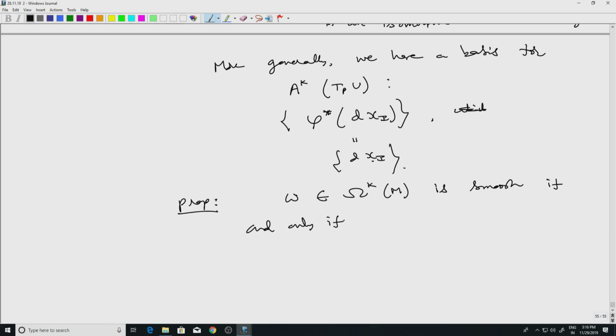Of course, this statement is kind of odd because when I write capital Omega^k(M), automatically I'm assuming that omega is smooth.